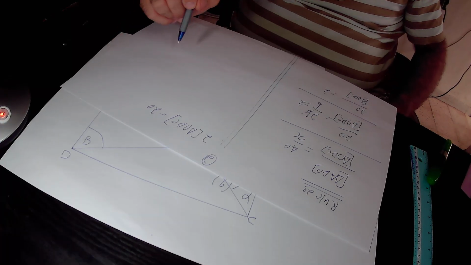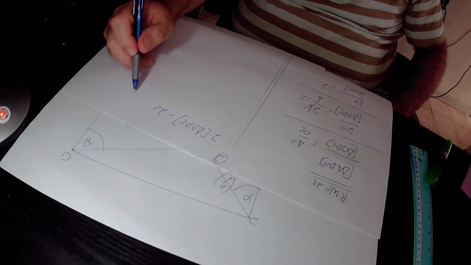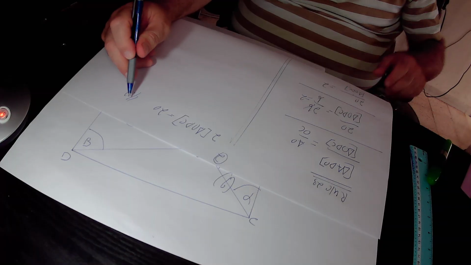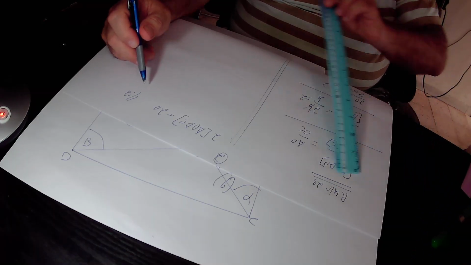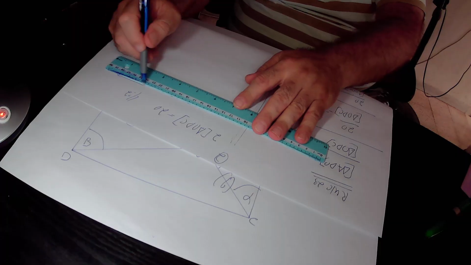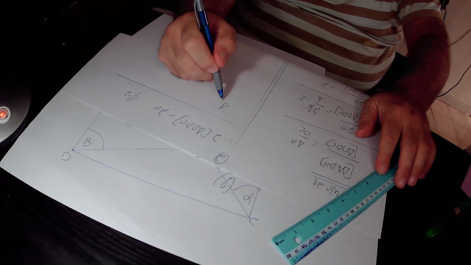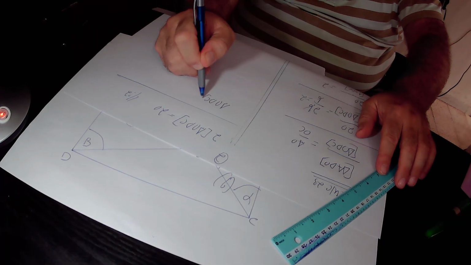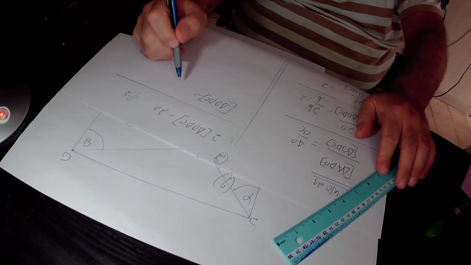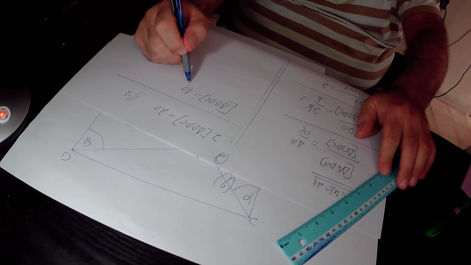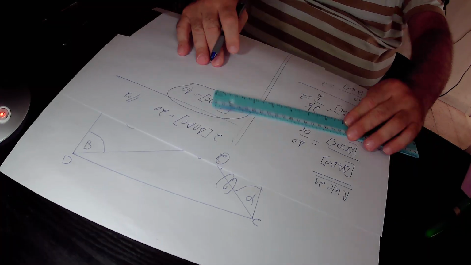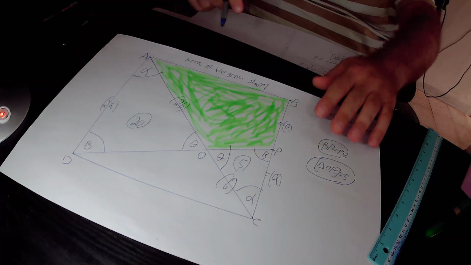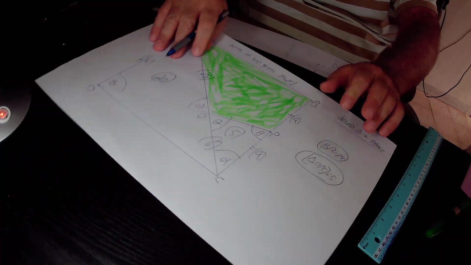So here we divide this equation by 2, and finally we get that the area of the small triangle ODC is equal to 20 over 2, that is 10 square units. So we actually found out that the area of this small triangle ODC is equal to 10 square units.